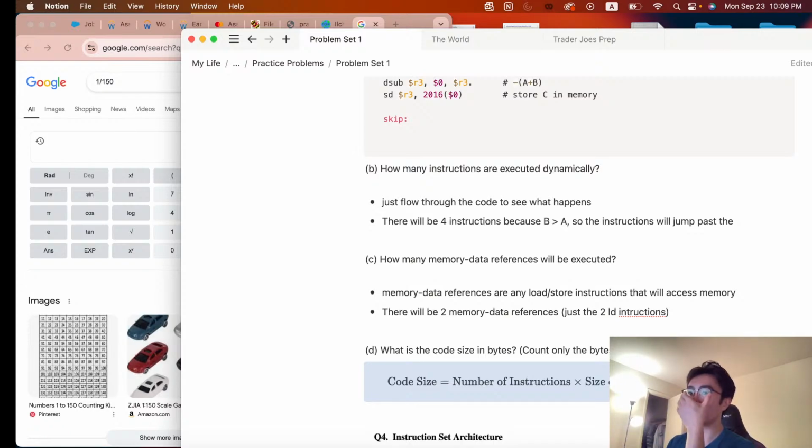Do instructions in MIPS 32 also have the same length?